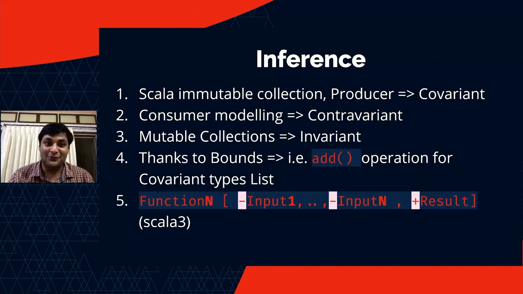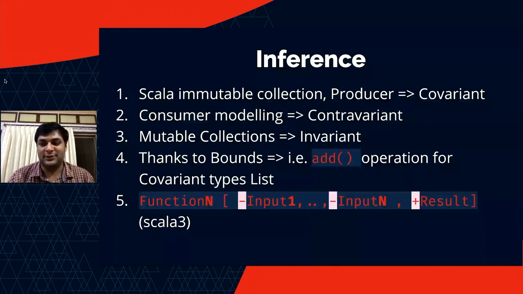Furthermore, we came to know how mutable collections need to be invariant, otherwise runtime exceptions. And thanks to those bounds that come to our rescue again and again, as we have seen with add and recordBirth, as well as how a function in Scala is contravariant on the input end and covariant at the output end. And definitely this function arity is limited to 22 in Scala 2, but no more in Scala 3.